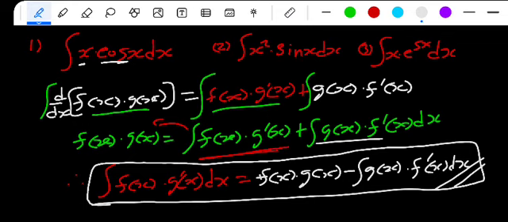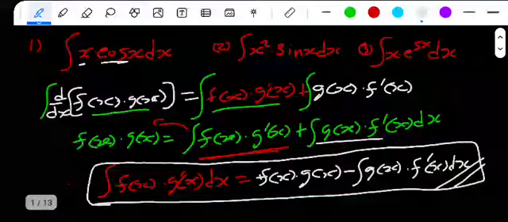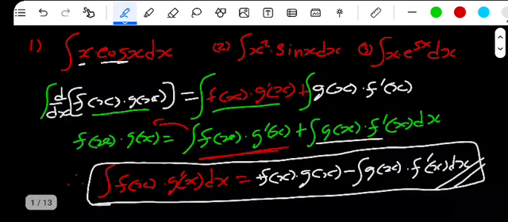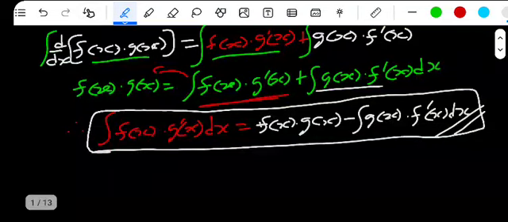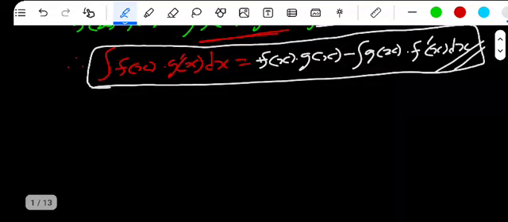All right, since we're given question 1, we're supposed to apply integration by parts using this formula.